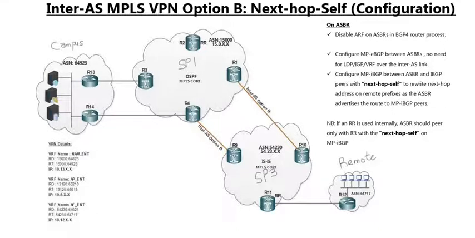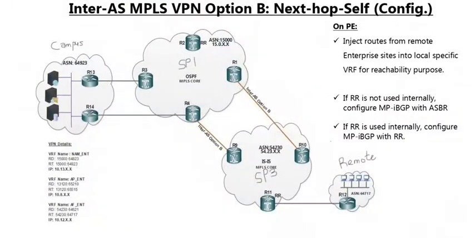In case you are using the route reflector method as seen here, then it means this ASBR does not need to peer directly with the PEs. It will only consider the route reflector. On the PE, you have options of how to get the prefixes that are coming from the remote side. Say, in this case, the route target of this particular network as configured on this PE is something in this range.